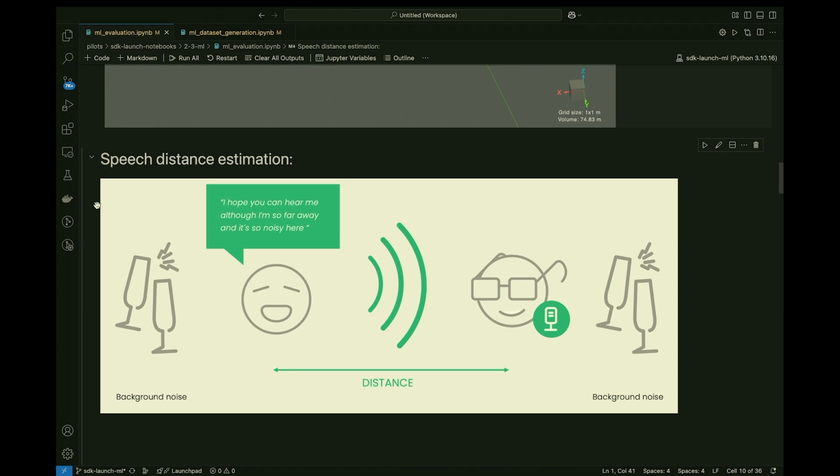And the person is speaking, and we record the speech with the microphone. And from that recorded speech, which might be, first of all, quite noisy because we have background noise in there as well, but most importantly, it is reverberant because we are usually inside of rooms. And based on that reverberant noisy speech, we want to estimate the distance between the speaker and the listener.